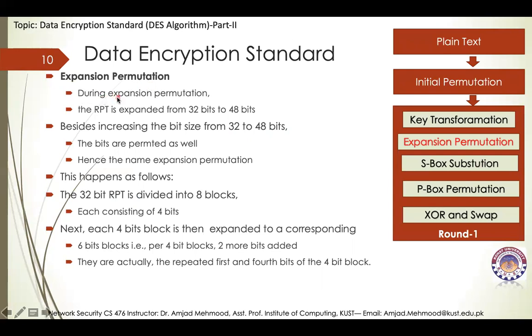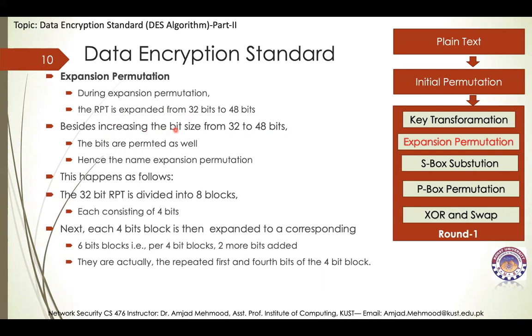Expansion permutation: during expansion permutation, the RPT, meaning right plain text, is expanded from 32 bits to 48 bits. Now we have to increase the size, so we will be putting 32 bits into 48 bits.